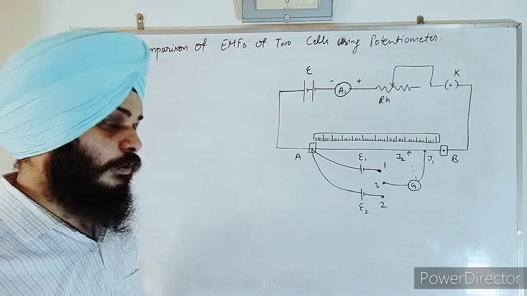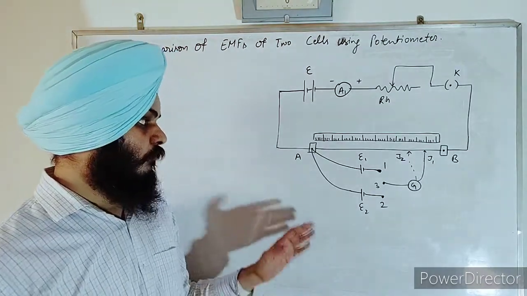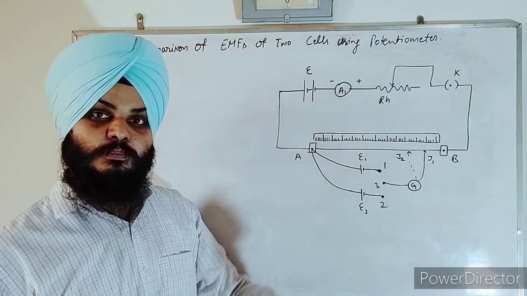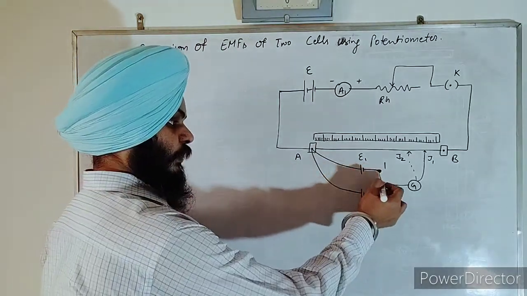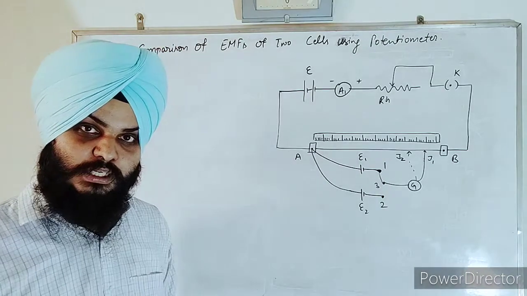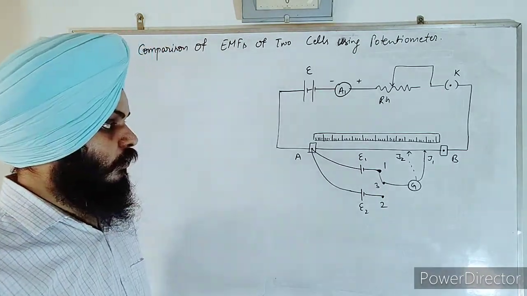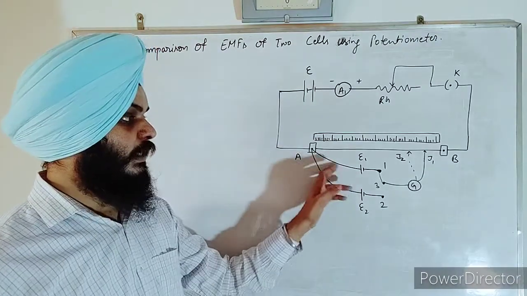Now what we do is, first of all we connect this point to point 1. That means we include this cell of EMF E1 for which we know the value of EMF, and we get some reading.